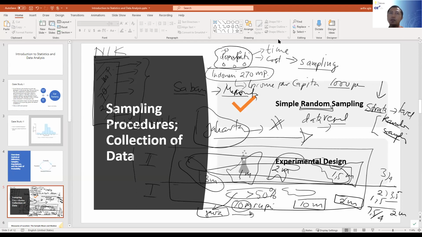And then because the population in Java is almost 50%, and the other, not Java, is 50%, we should take 50% of the data in Java, meaning around 500 data, and for not Java also 500 data.